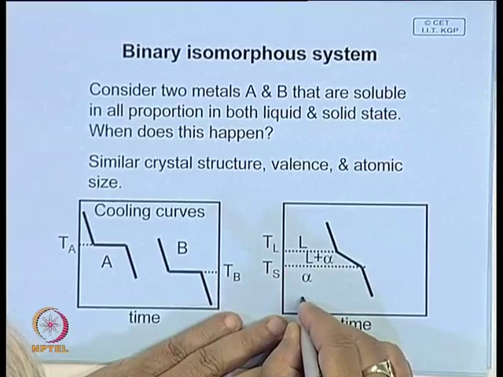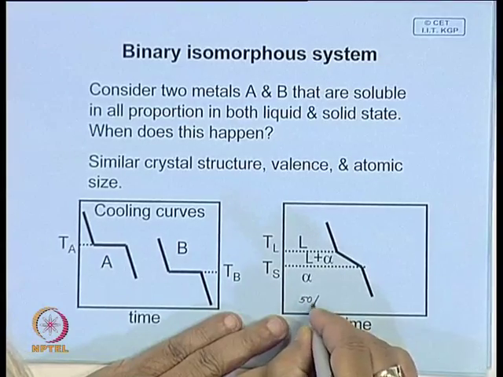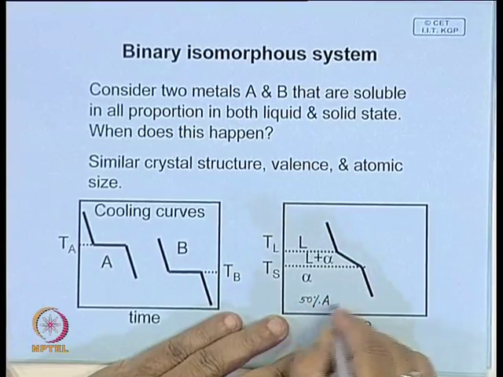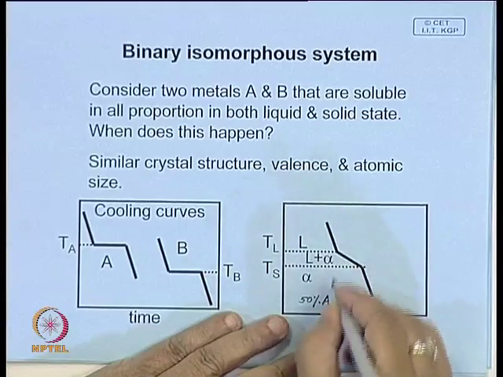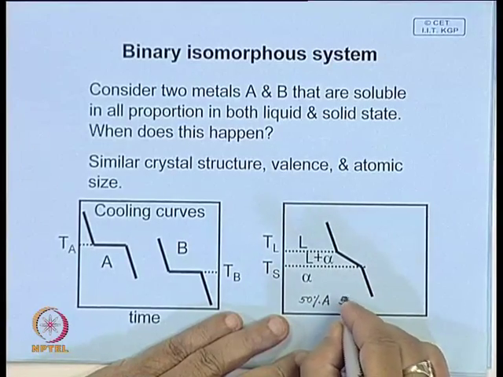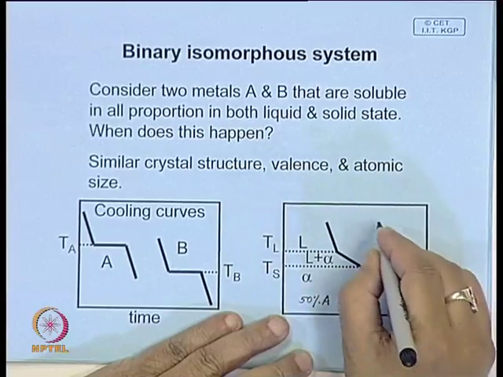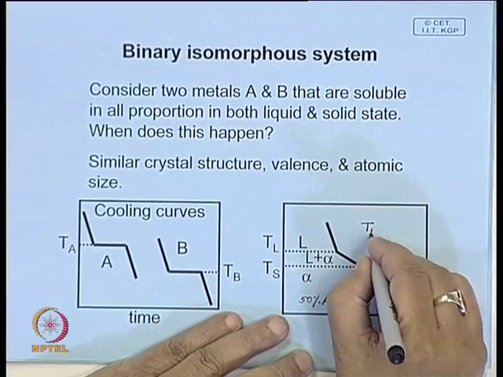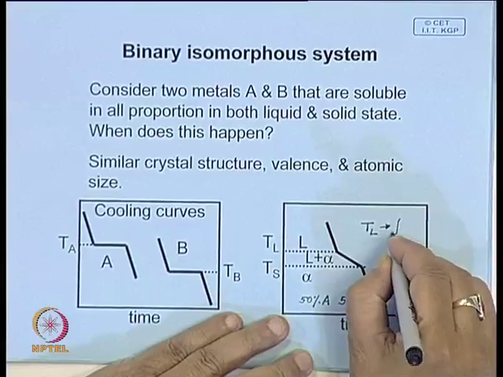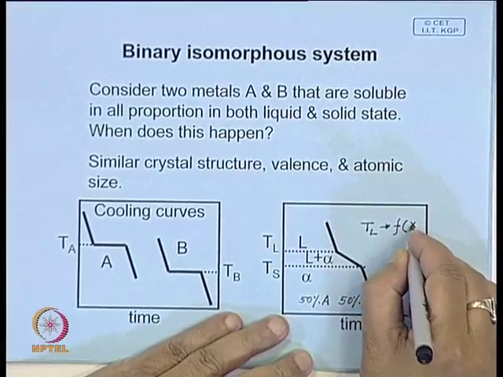50% A, 50% B. So, for this, T L is a function of composition.